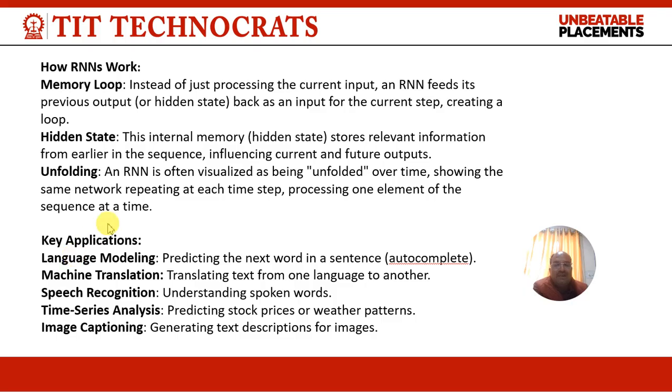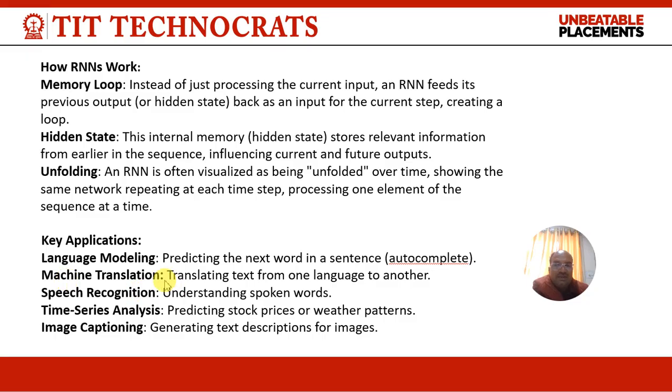So the key applications of the RNN, these are the important applications: language modeling, machine translation, speech recognition, time series analysis like forecasting, and image captioning. Language modeling is predicting the next word in the sentence. You can also see this feature on Gmail.